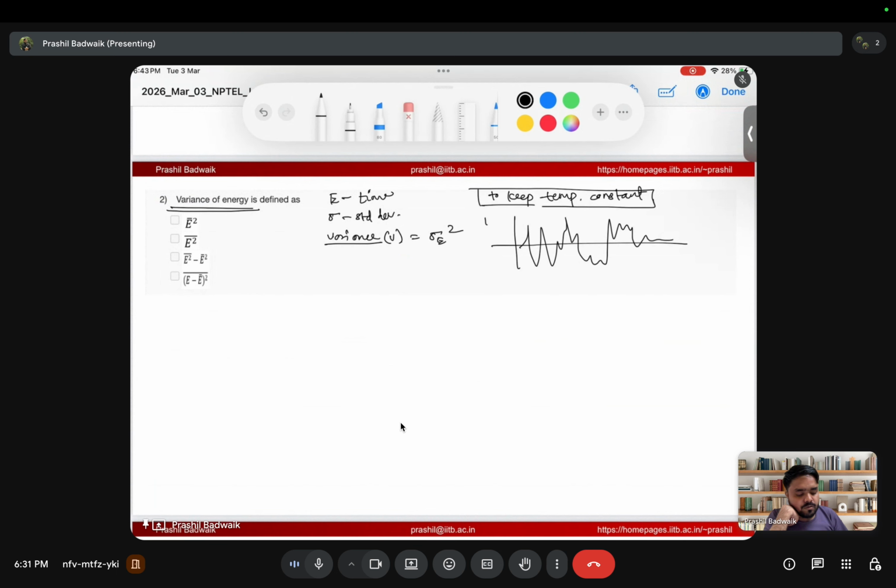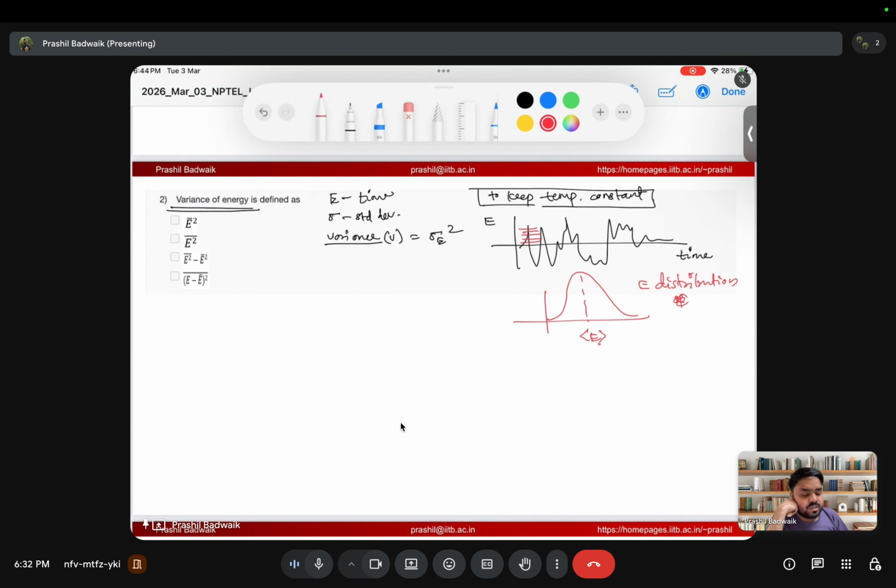So this is the value of E, and this is with respect to time. So now I'll just calculate how many times the energy falls in a particular interval, and then I can draw something like this, which is the distribution of energy. And the energy you will find is fluctuating around a constant value.